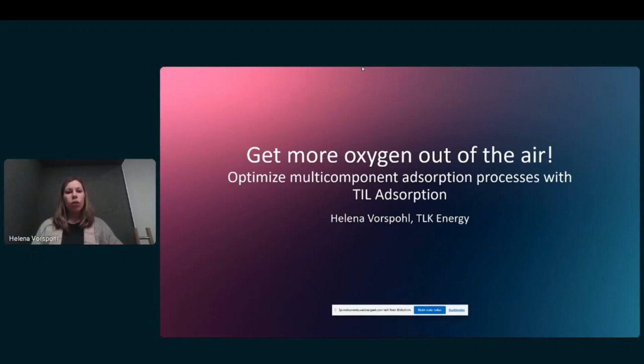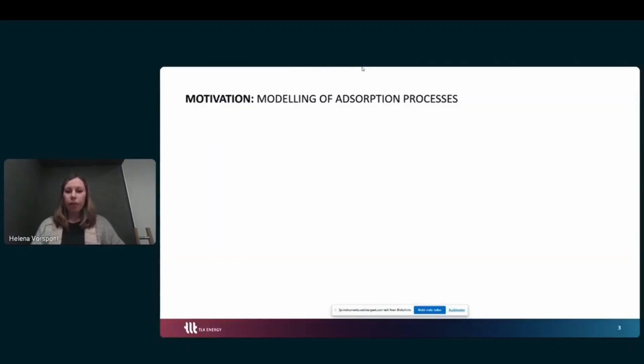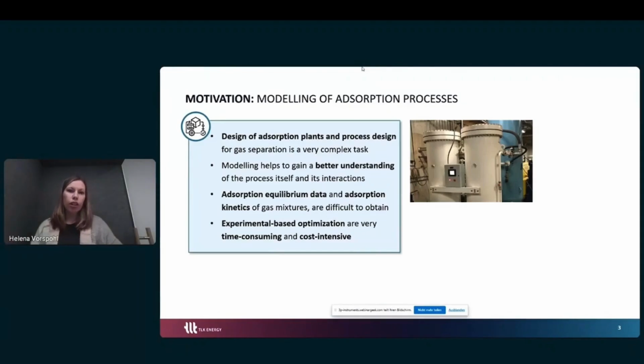Maybe we can start with a little motivation on why it's useful to use modeling for adsorption processes. First of all, the design of adsorption plants and the process design for gas separation is a very complex task. And we think modeling helps here to gain a better understanding of the process itself and its interactions.